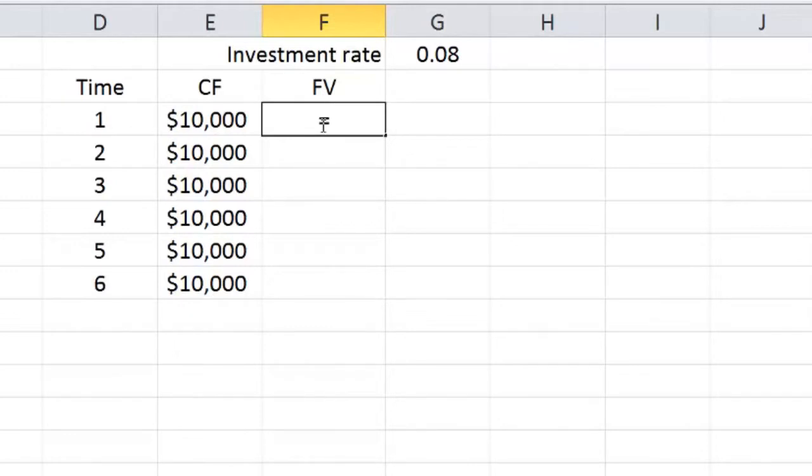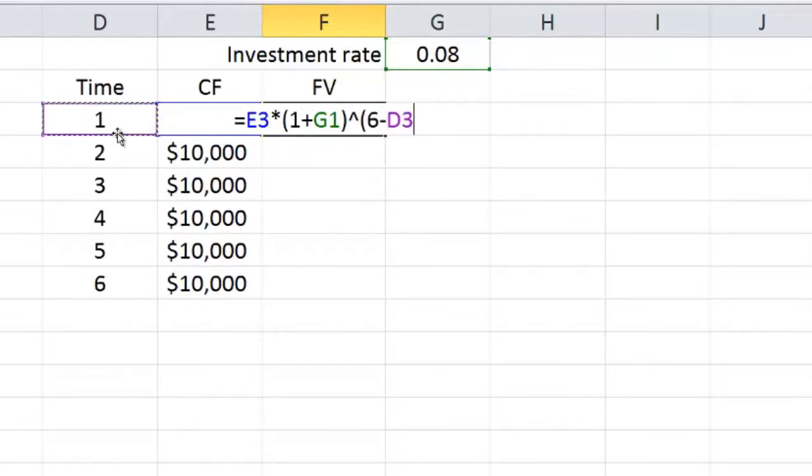We know our terminal time is in 6 years. So this cash flow's future value is going to be the 10,000 multiplied by 1 plus the rate. Now here we raise it to the 5th power because we're raising it to the 6 minus 1 power, because we know if we receive this in period 1, we can invest it for 5 years.